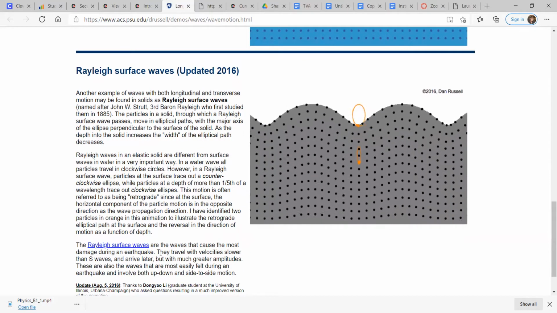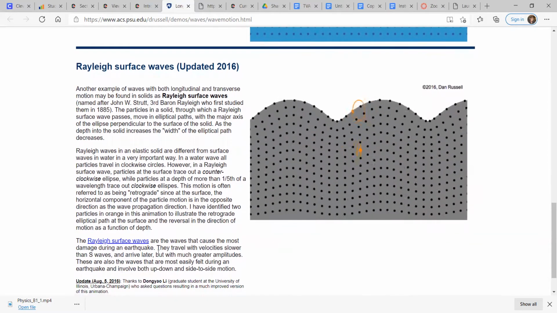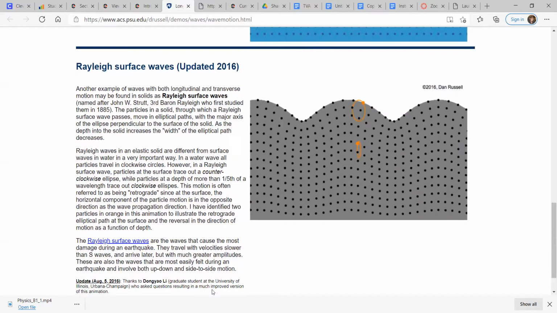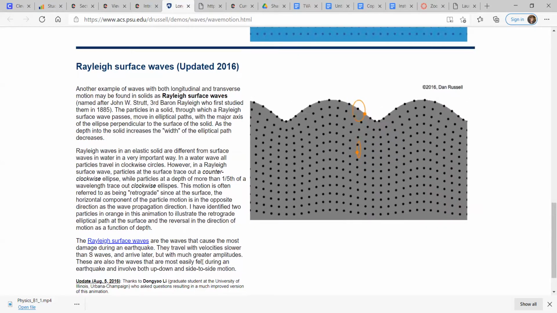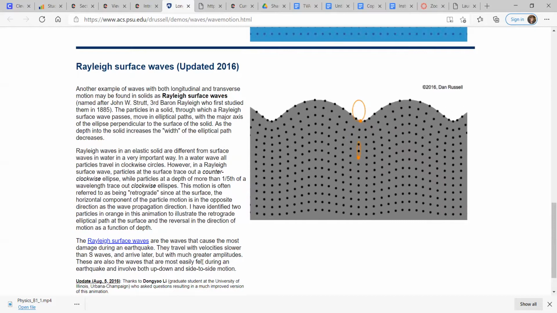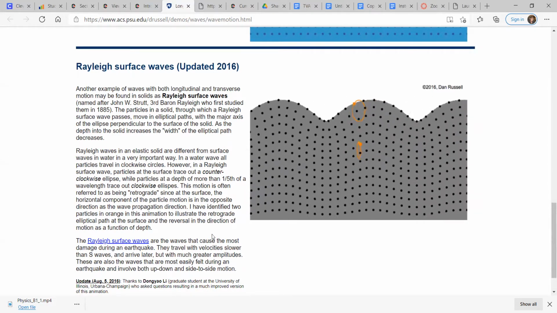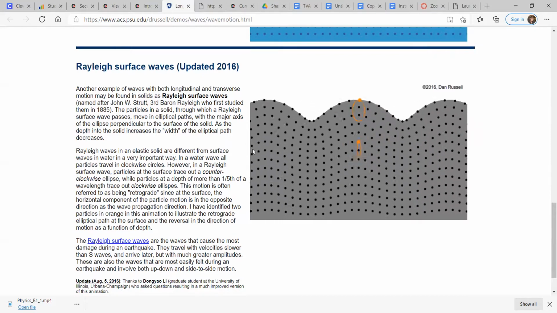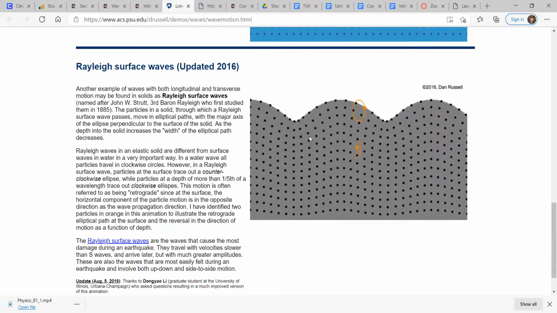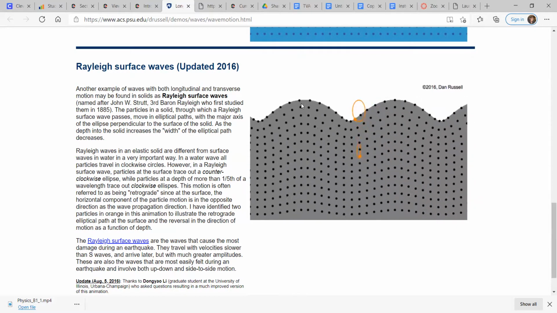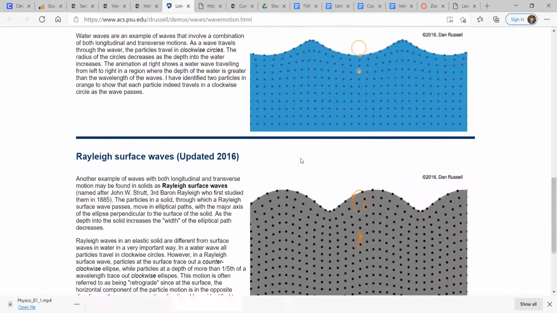It's very strange. And these are waves that cause the most damage during an earthquake. They travel with velocities slower than S waves and arrive later. But they have larger amplitude, meaning the particles and the surface are displaced more. There's more movement going on altogether.